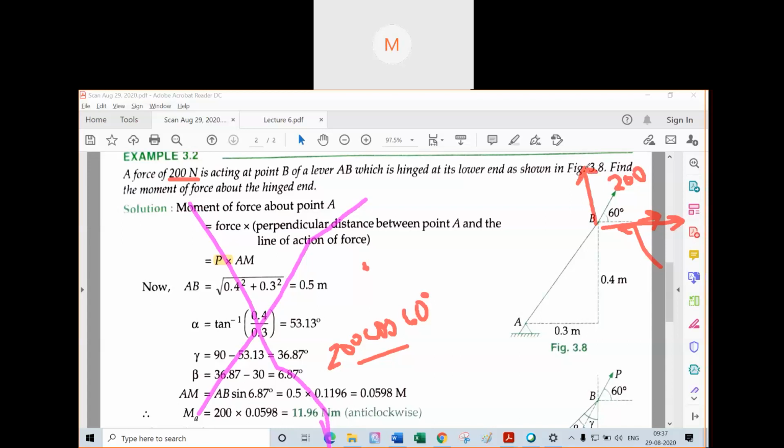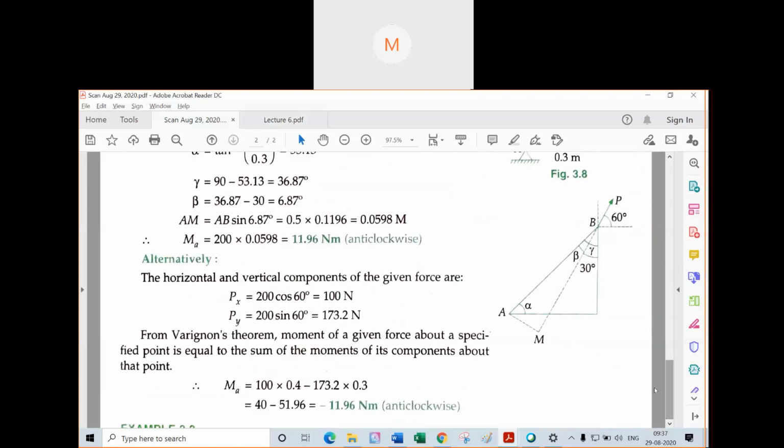So this side will be 200 sin 60, so you got the forces in both directions. Now look, we got up to these two steps, so we will do this alternative method.